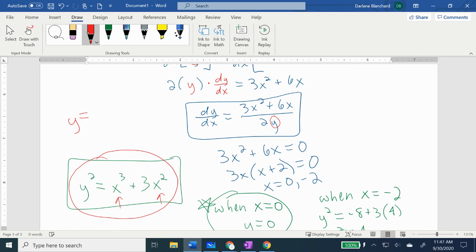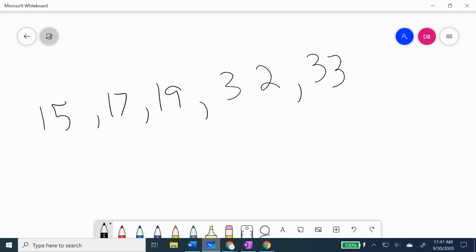So if I isolate y, I am getting both positive and negative, the square root of x cubed plus 3x squared. And I'm running out of room on here, so I'm going to bring up my whiteboard and try to move some of this over.